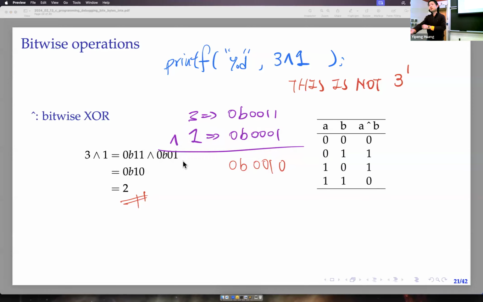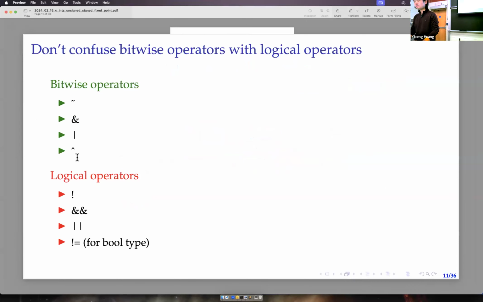And an important reminder of all of this is to not confuse bitwise operations and logical operations. So I'm going to do a little demonstration here in terms of what happens if we use the not operator for logical values on different types of values.